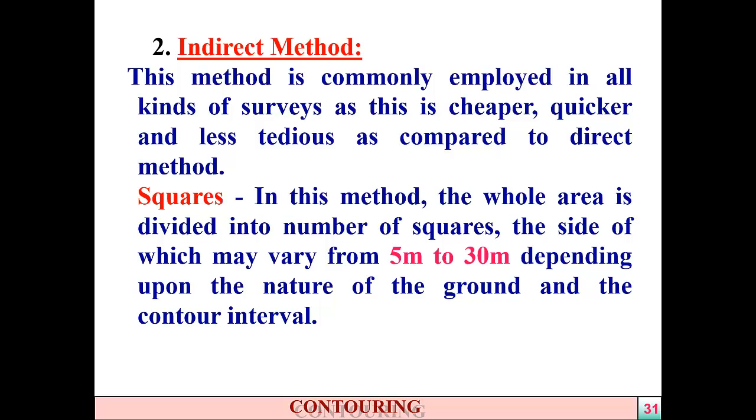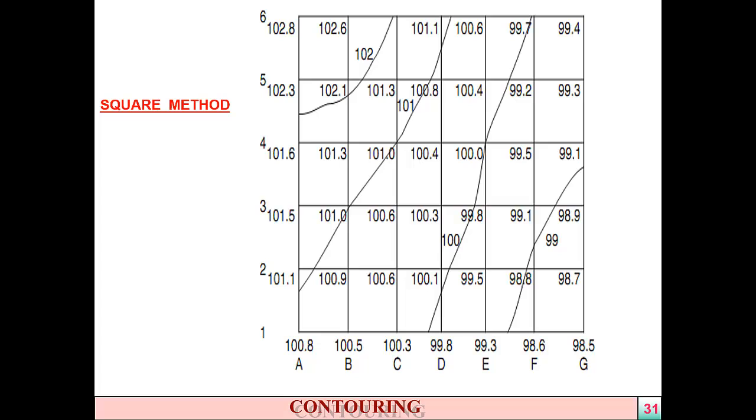This kind of survey is often called a square method, where the whole area is divided into a number of squares, and it depends on the scale we're using. We could do 50-foot squares, 25-foot squares, or 100-foot squares. Here's an example of one using the squares.